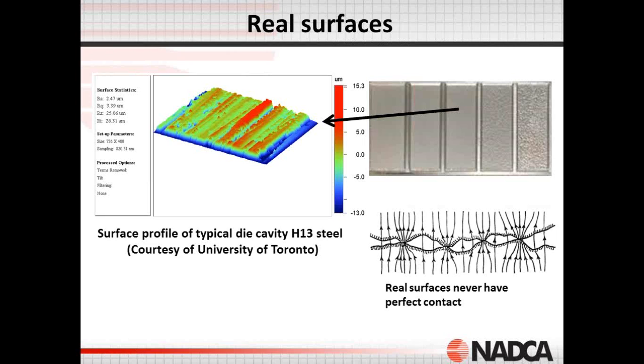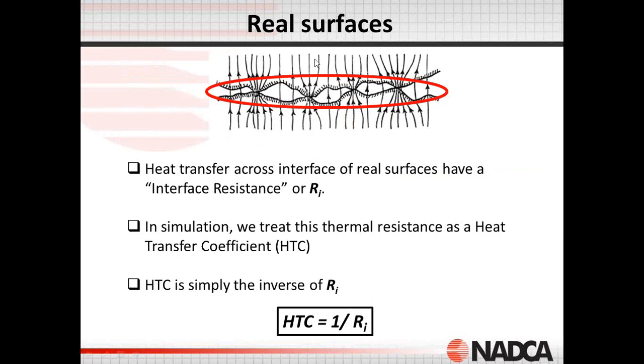So in real surfaces, the thermal science community refers to the uncertainty of heat transfer at this interface as an interfacial resistance.